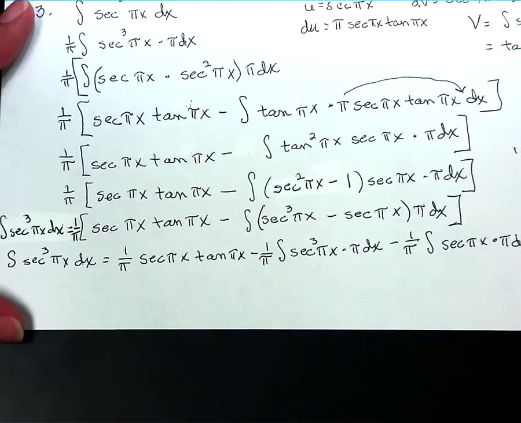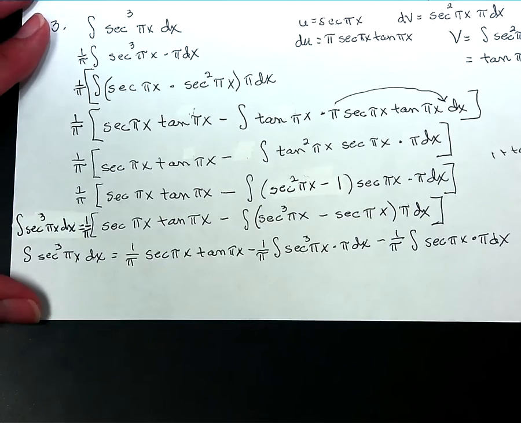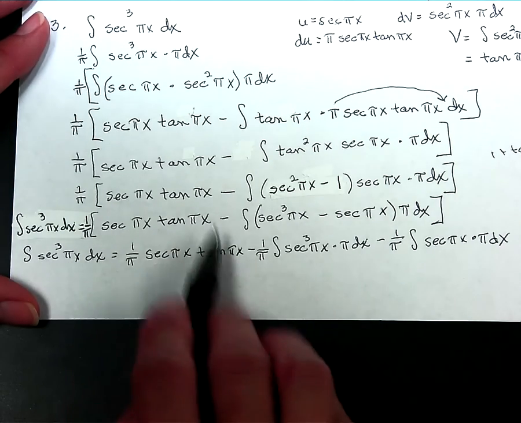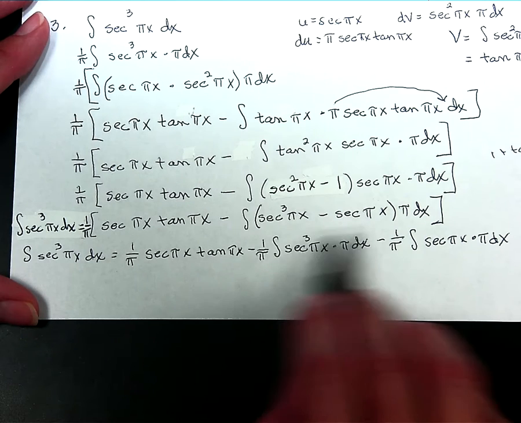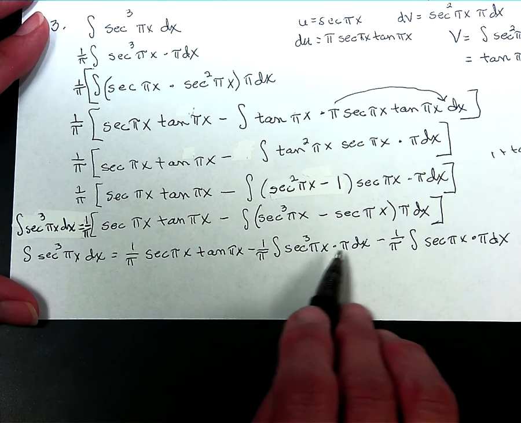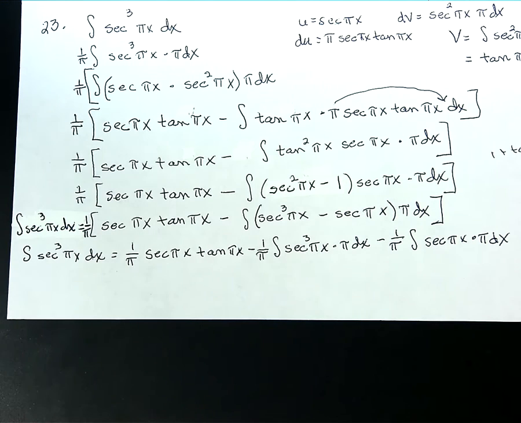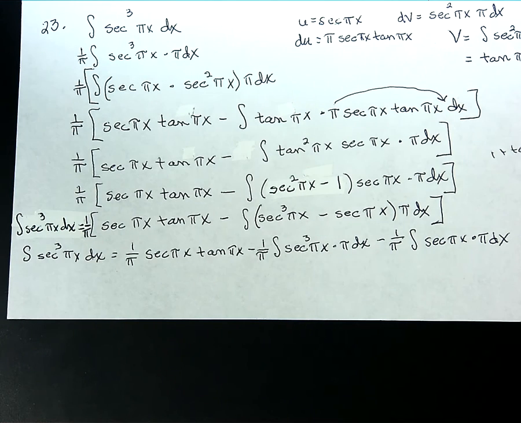See all of that? Now distributed down over pi, and we'll break that into 2 integrals. Can you just take the 1 over pi and put it back in there so that you can add?